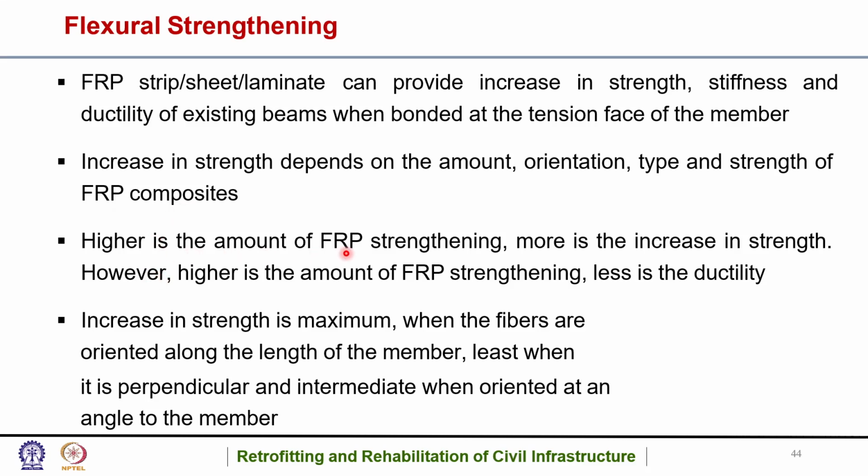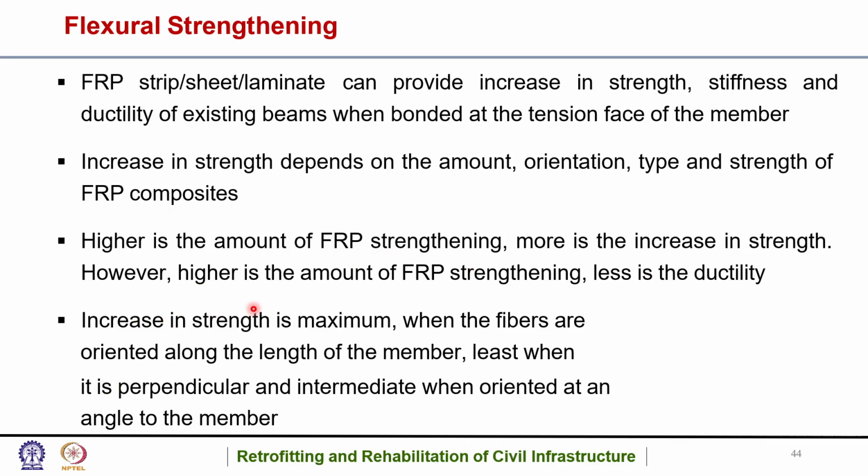Higher is the amount of FRP strengthening, more is the increase in strength, and however higher is the amount of FRP strengthening, less is the ductility. So more is the FRP strengthening, more is the increase in strength, which is quite trivial, but lesser is the ductility.